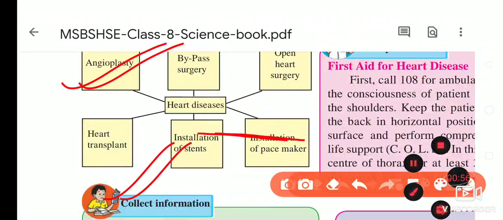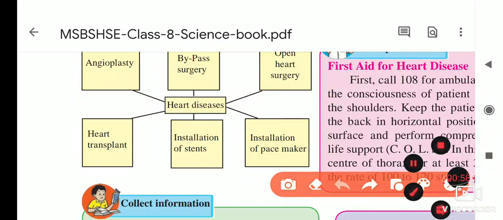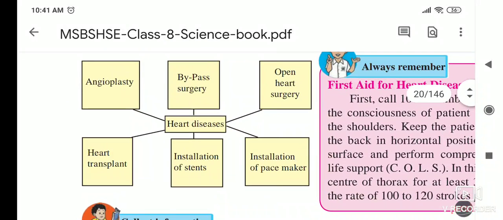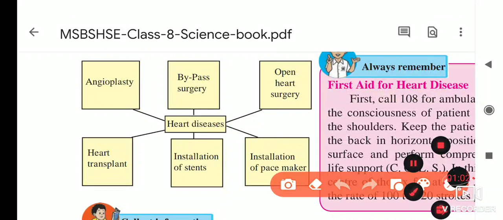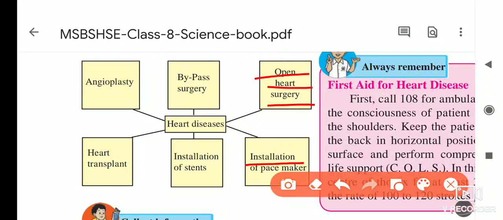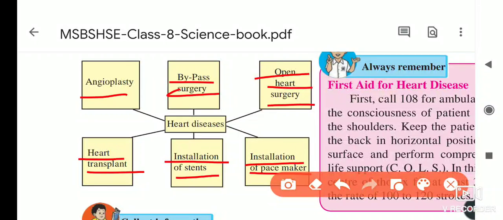Heart diseases, how are they treated? That is the question. Open heart surgery, installation of pacemaker, installation of stents, heart transplant, angioplasty, bypass surgery. From these 6, you have to write any 4 in the activity.